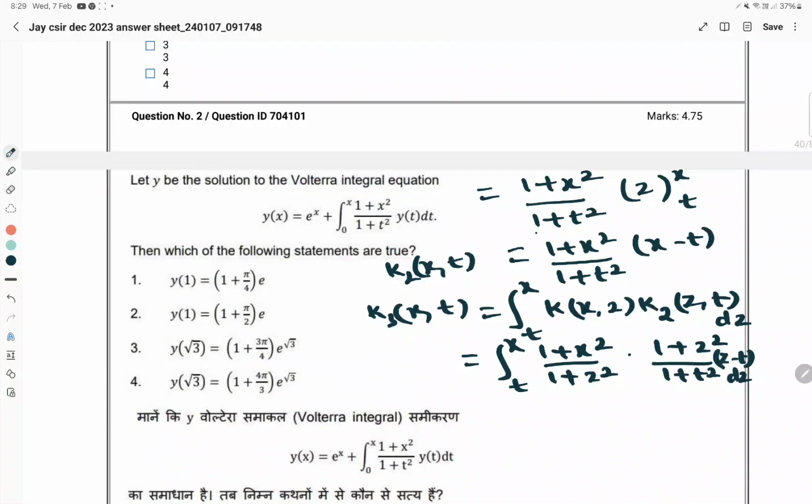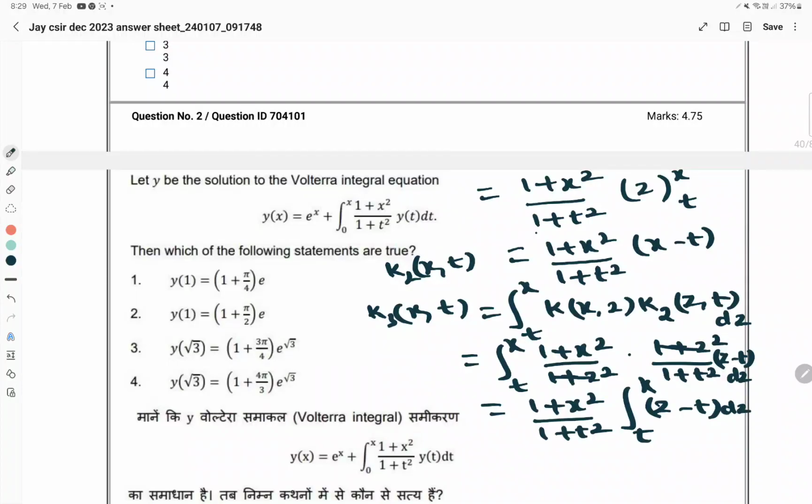Again these two will get cancelled. The remaining term is 1 plus x square by 1 plus t square integral t to x of z minus t dz.